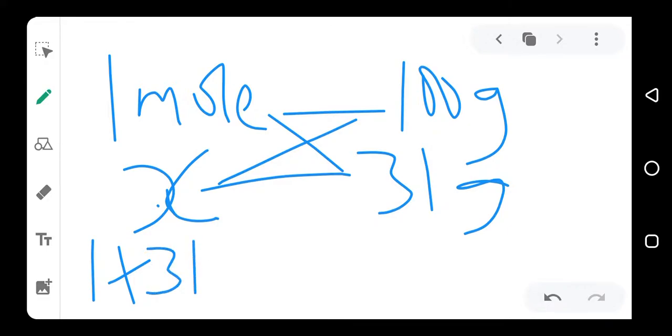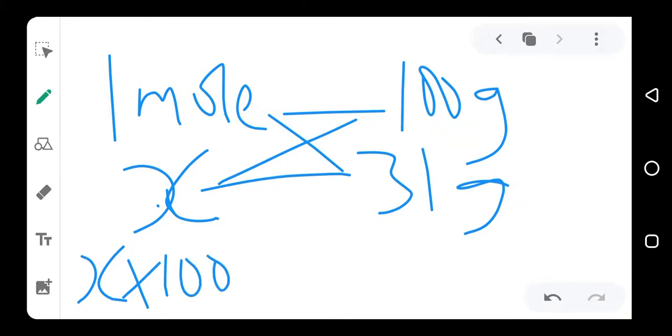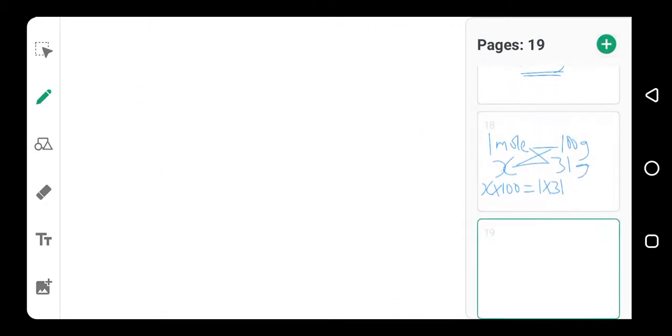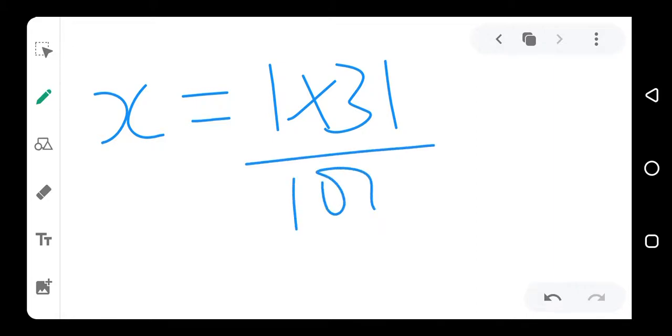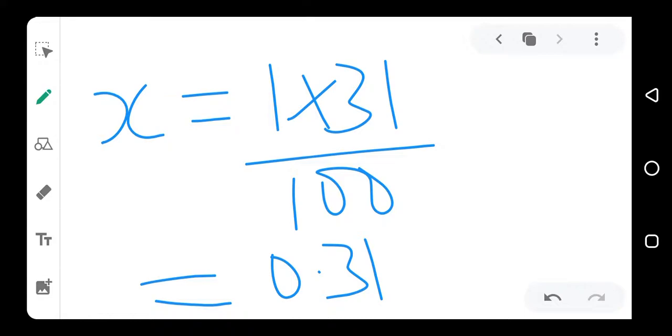X times 100 is equal to 1 times 31. And so we have that x is equal to 1 times 31 over 100, and this gives us 0.31 moles of the substance.